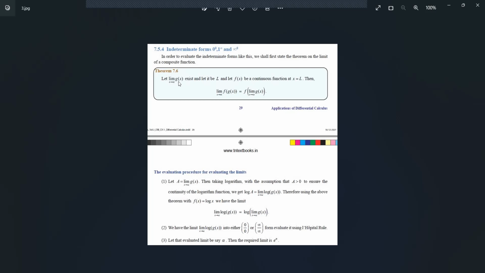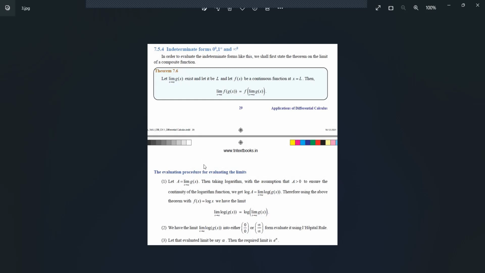Let limit x tends to a, g of x exist and let it be L, and let f of x be a continuous function at x equal to L. Then limit x tends to a, f of g of x is equal to f of limit x tends to a, g of x. That is, we are interchanging the composite function and the limits. So we take the limit inside and then apply the function f.